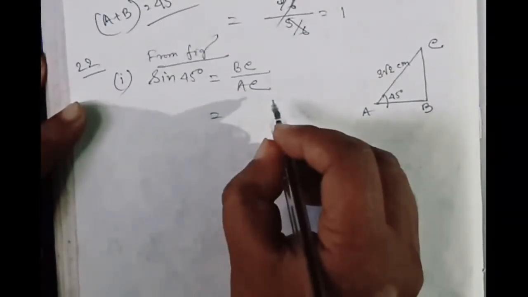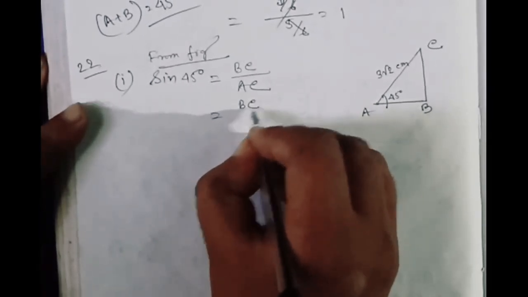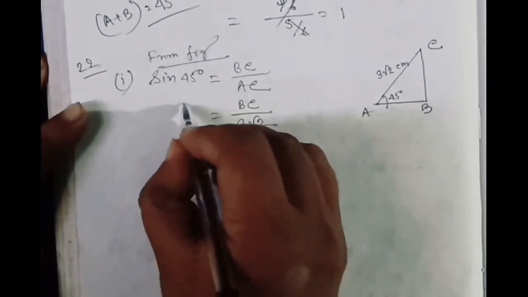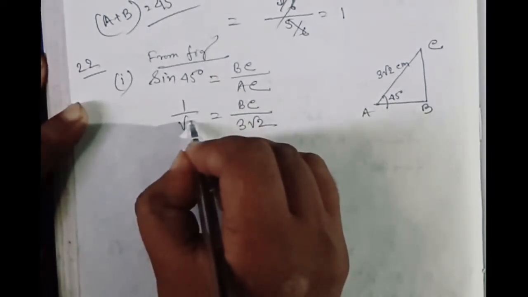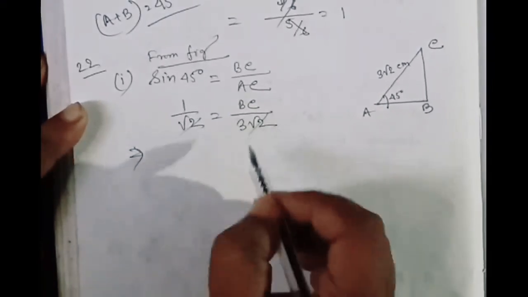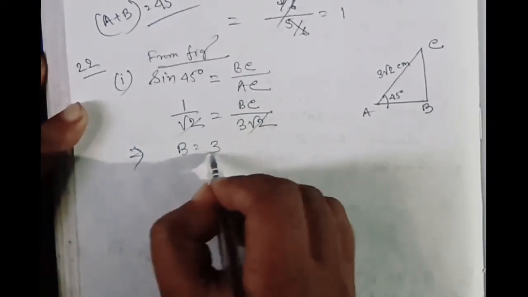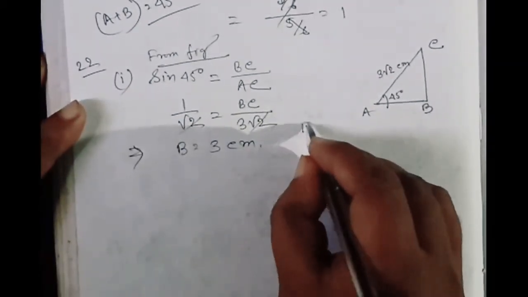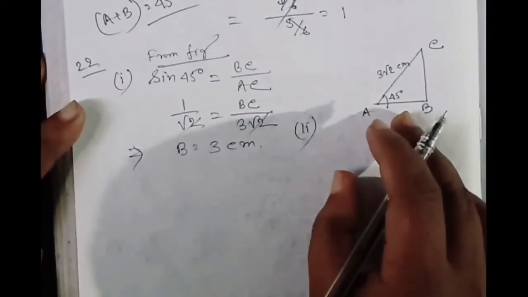The value of BC we do not know, AC is 3√2, and sin 45 means 1 by √2. This √2 should be cancelled. So, BC is equal to 3 centimeter we are getting. Okay, this is 1.